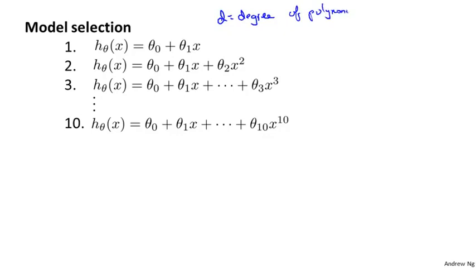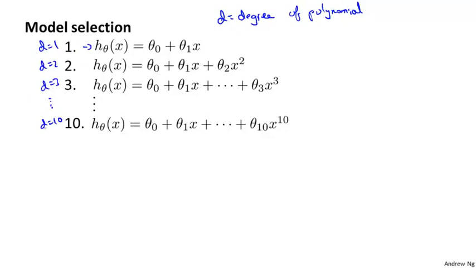So it's as if, in addition to the theta parameters, there's one more parameter D that you're trying to determine using your data set. So the first option is D equals 1, if you fit a linear function. We can choose D equals 2, D equals 3, all the way up to D equals 10. So we'd like to fit this extra parameter, which I'm denoting by D.